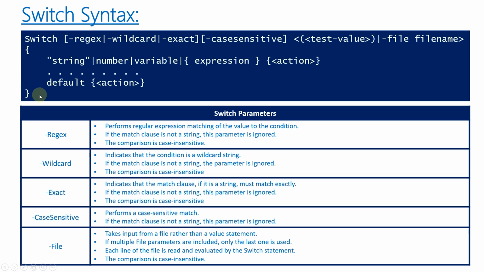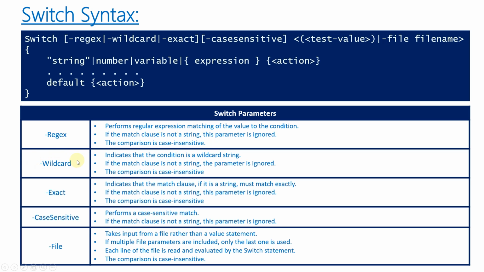Now let's explore each of these parameters. First, regex will use regular expression matching, and it should be used with strings. If the match is not a string, it will be ignored, and this is by default case insensitive. After that we have wildcard.